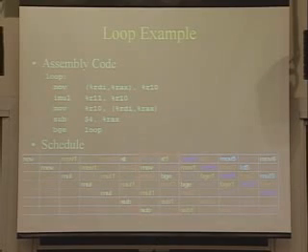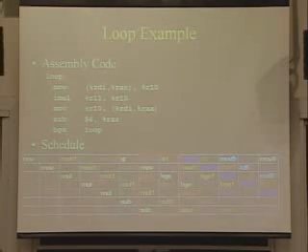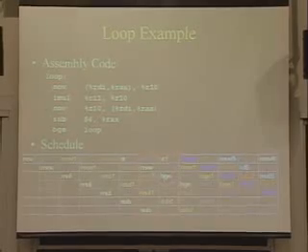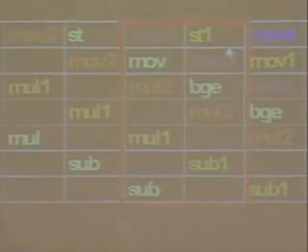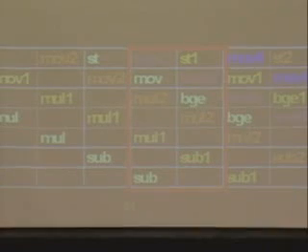If you look at this block, what it's doing is 2 instructions of the first iteration. If you look at this, every instruction of the computation is in here, but at a different iteration.